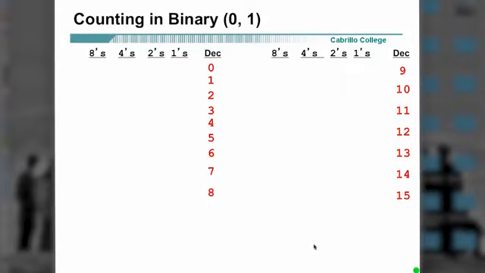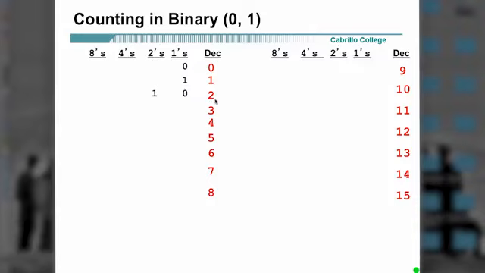Let's take a look. A 0 in binary, 0 ones, is equivalent to a 0 in decimal. A 1 in the ones place is equivalent to 1 in decimal. Now remember, in binary, we can only use a 0 or 1. So 1, 0 means how many 2s do I have? I have 1 two, and 0 ones.